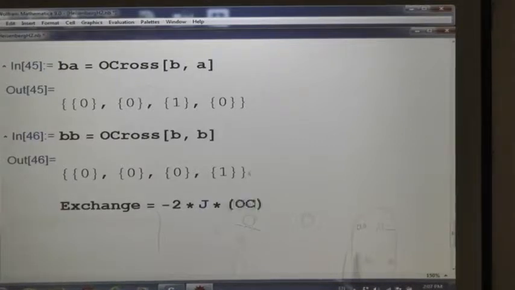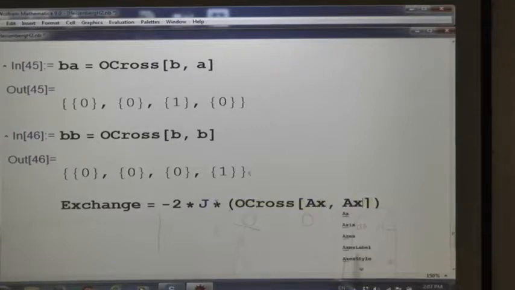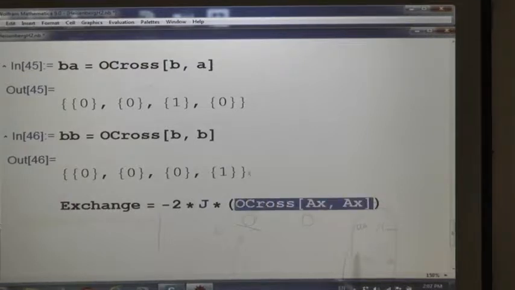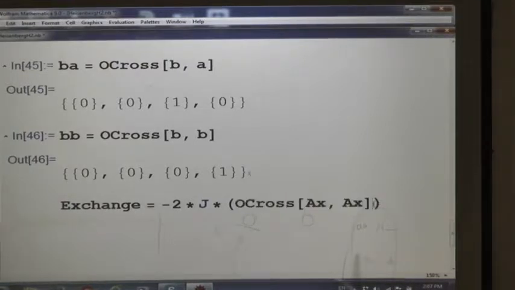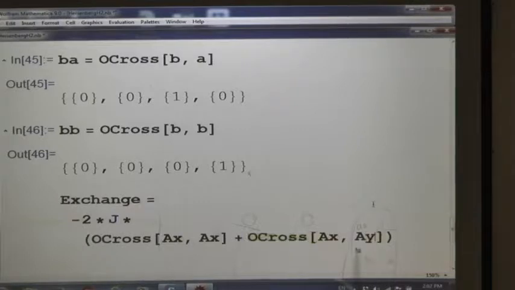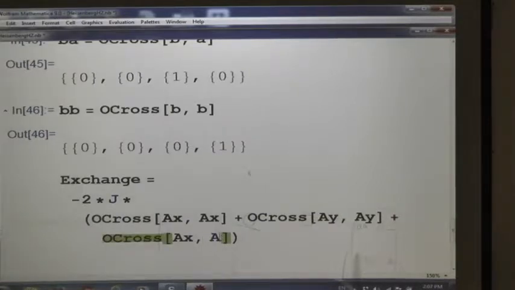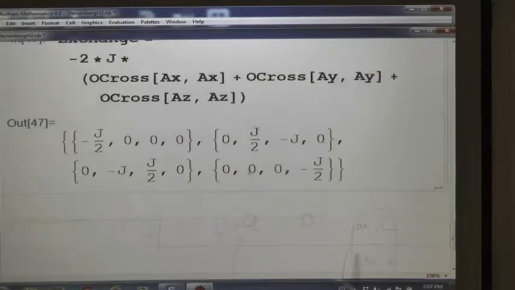So I put O cross, the tensor product, AX with AX. This is S1x into S2x. Plus the y term, the y Pauli operators. Plus the z ones. So this is my exchange Hamiltonian, S1 dotted with S2, and it's symmetric.